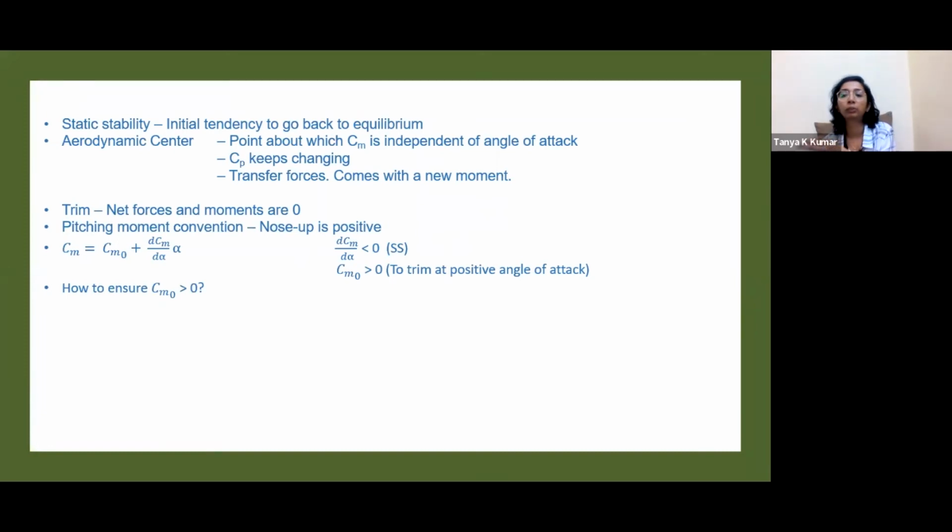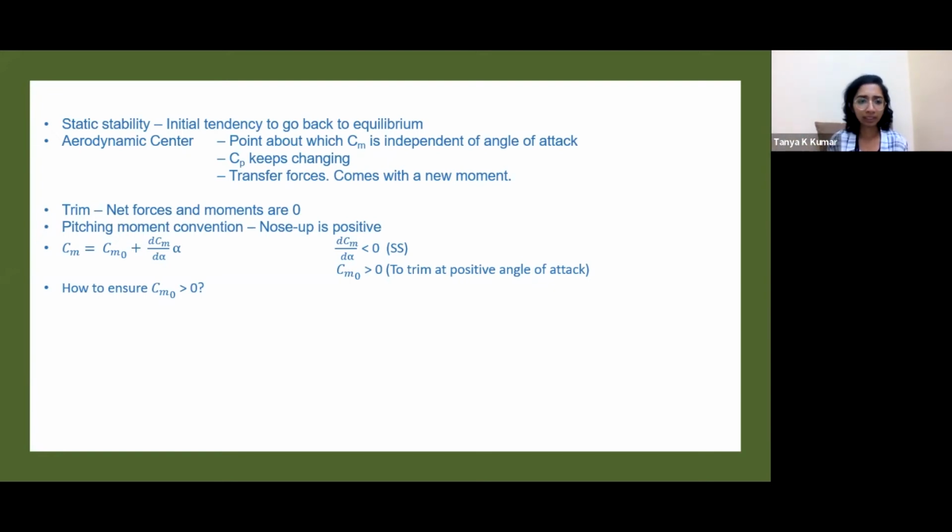The time aspect was not given in the picture. That is how it varies from dynamic stability. If an aircraft flying at equilibrium, at steady state, is subject to some positive angle of attack deviation, and its initial tendency is to have a restoring moment to come back to the equilibrium, then it is considered longitudinally statically stable.